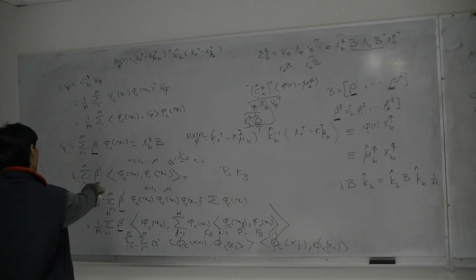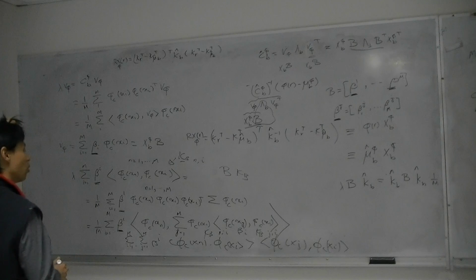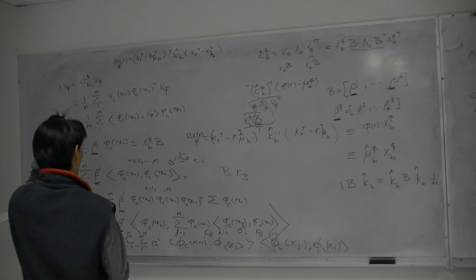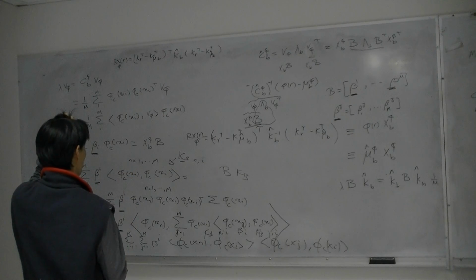Beta I is a vector. Okay, so you got a whole row for that. It's one column of big beta. One column here.